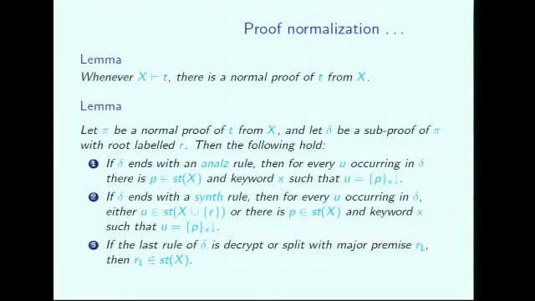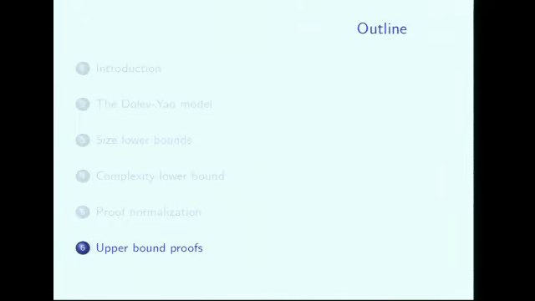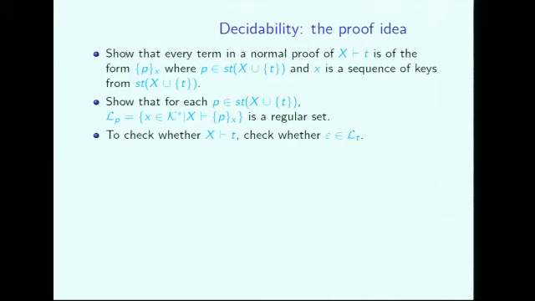Now a whole lot of remarks of this kind, and it's a bit tricky because for different sets of rules the property has to be carefully analyzed. But having got this idea of normalization, you can get an upper bound pretty much like the earlier arguments. So what we show is that every term in a normal proof is of this particular form where you take a subterm and it's a sequence of encryptions using a word which could be very long, but that word is actually got from the original terms that you began with.